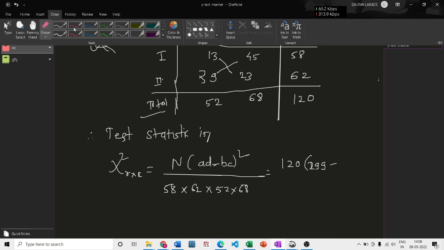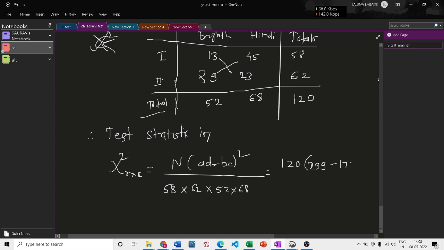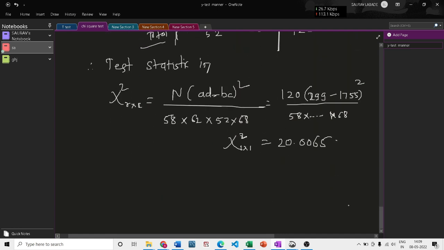Okay, bracket squared, divided by the multiplication of these totals, then into 68, right? So after doing all the calculation, you will get this chi-square value, which is 20.0065. Okay, this is the value of chi-square with 1 degree of freedom, and I will find the table value.